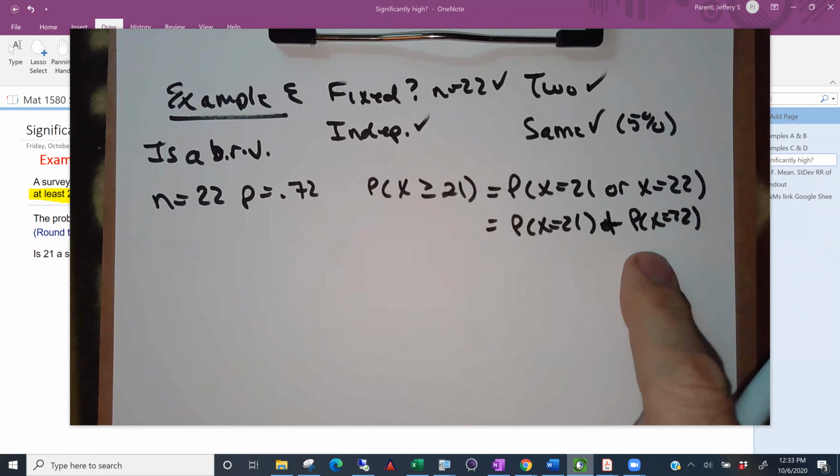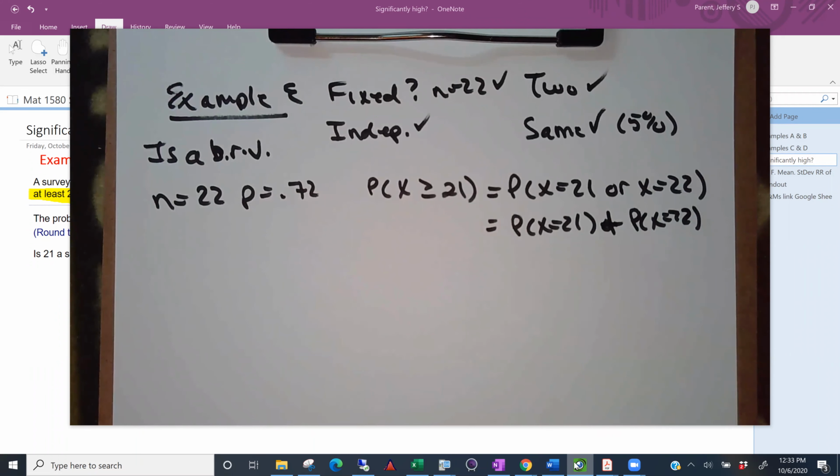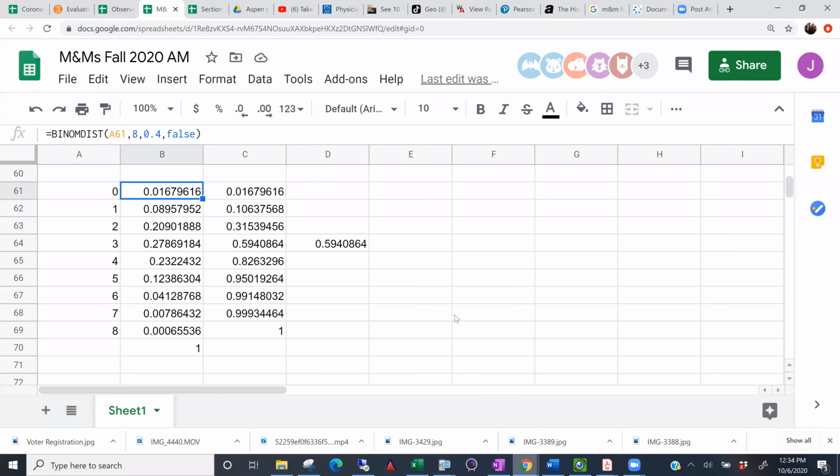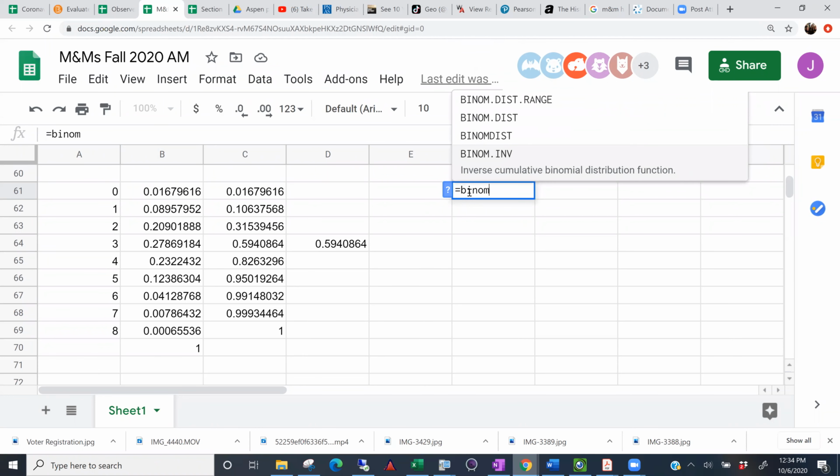Let's calculate these in your favorite way. You can either do it off of Google Sheets or on your graphing calculator, but we need to add up these two probabilities. So let me do that over on Google Sheets. I'm just going to put it in any random spot. We don't need it any place special. Equals binomial distribution.